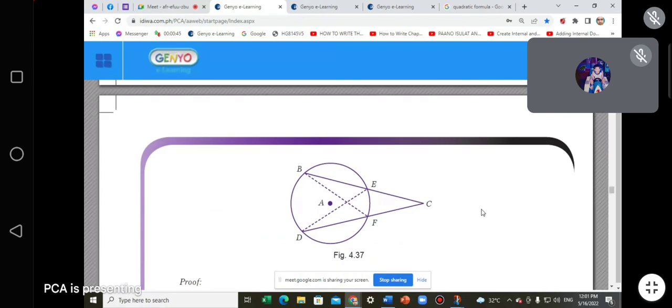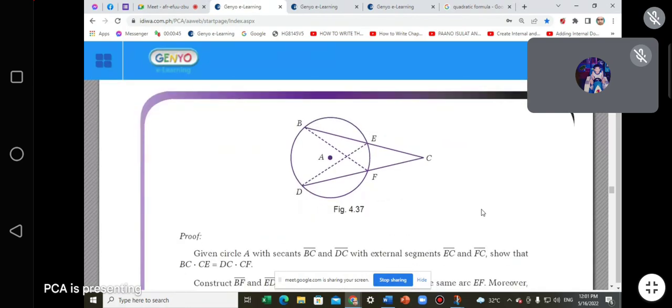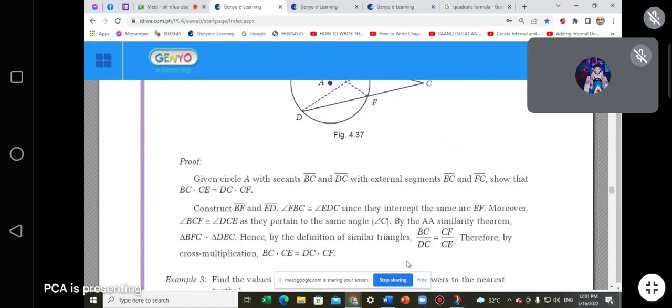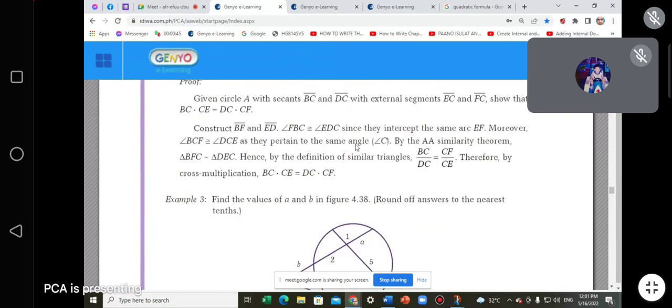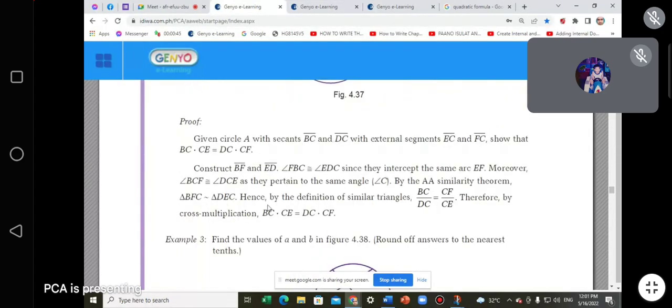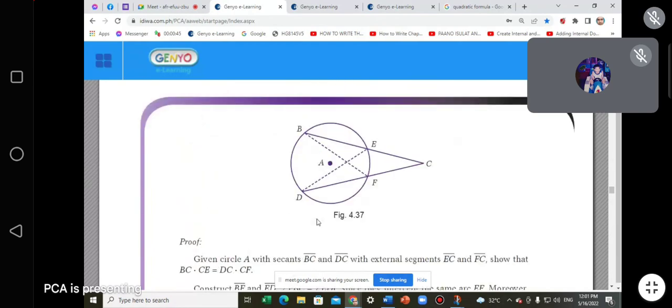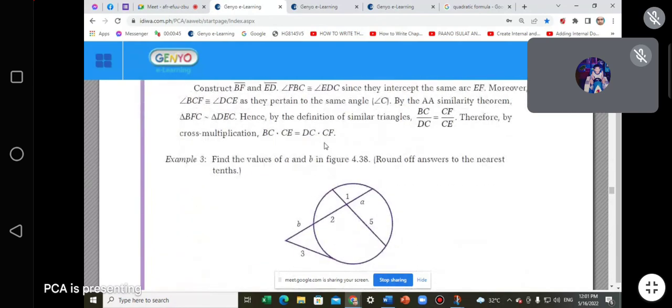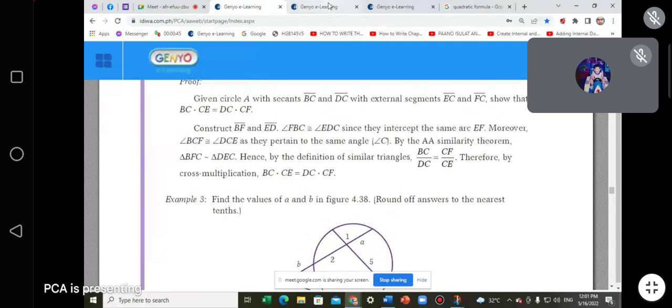Anyone? What will happen? This is still a ratio and proportion again. Do you think this is a ratio and proportion? Let's see.